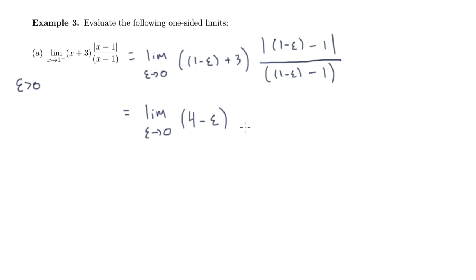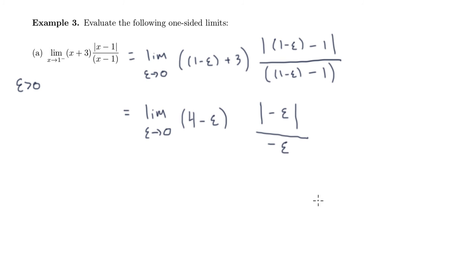And then, what else do we have? We have 1 minus epsilon minus 1. Well, that's just going to be absolute value of minus epsilon divided by, again, 1 minus 1 gives me 0, and I'm just left with minus epsilon.